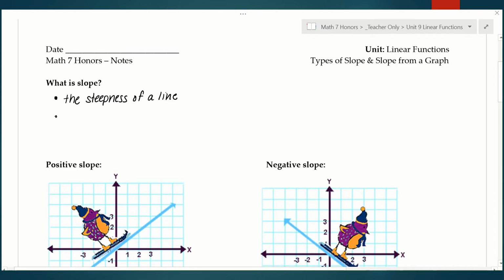So the way that we do that is we look at how the line changes when we're comparing the numbers on our y-axis to our x-axis. So the second thing we're going to write here is slope is the change in y compared to the change in x.